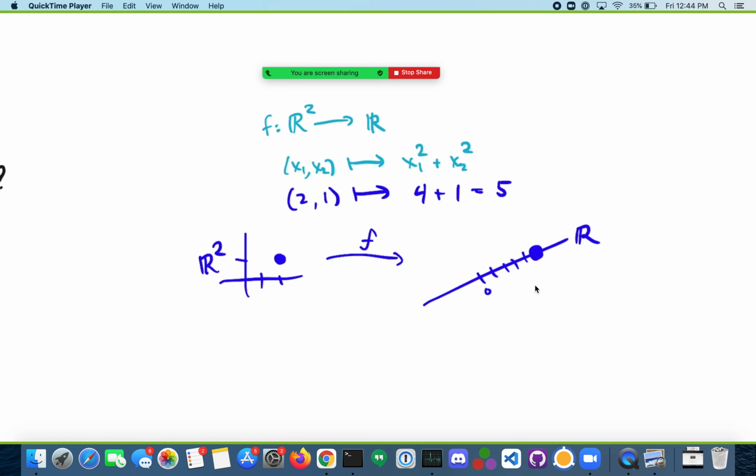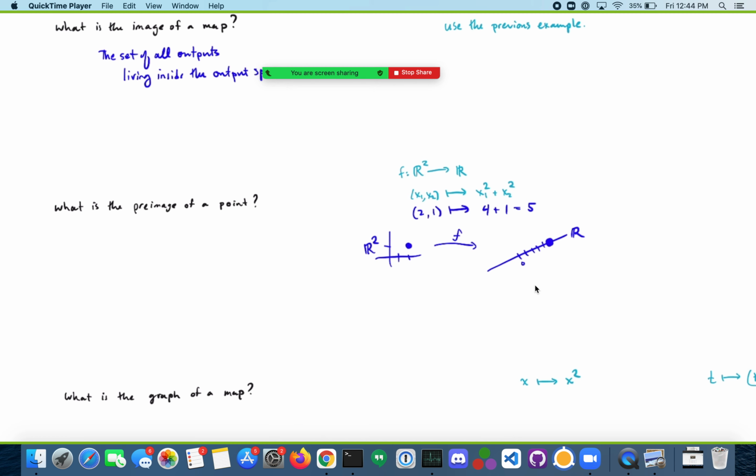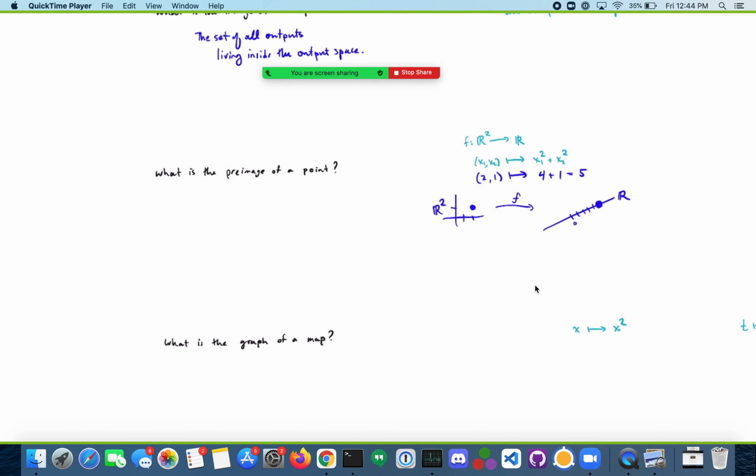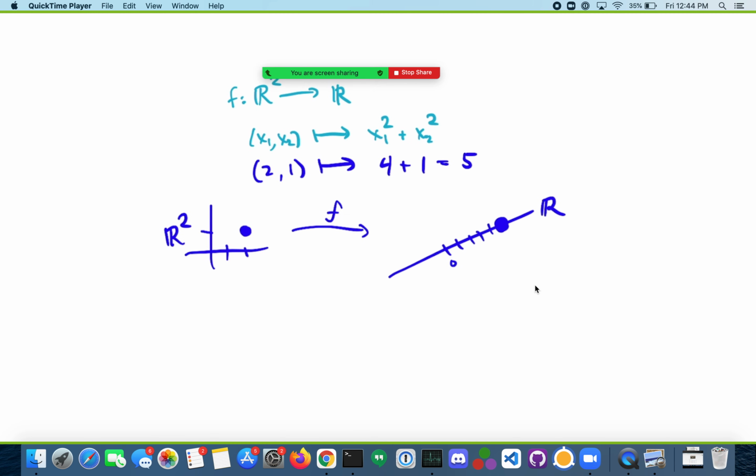Okay, so what was the question again? What is the preimage of a point? Okay, so let's look at, well, why not 5? So what is the preimage?